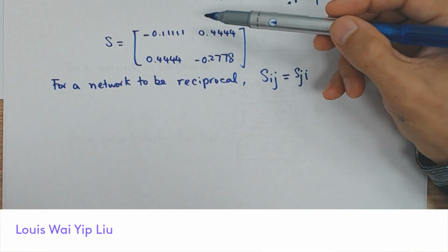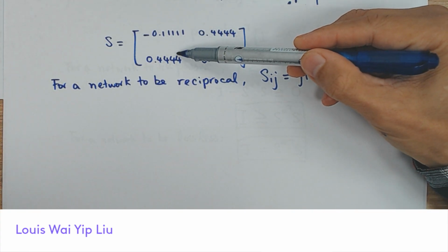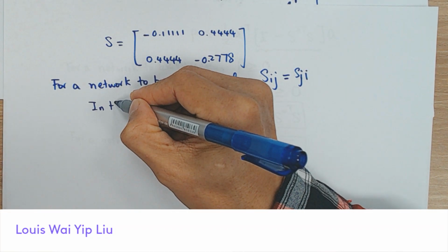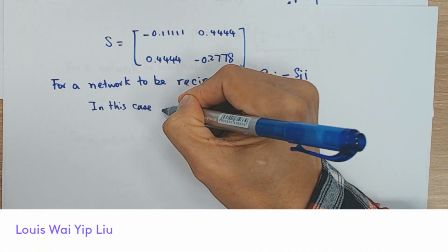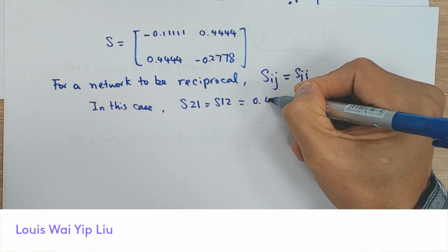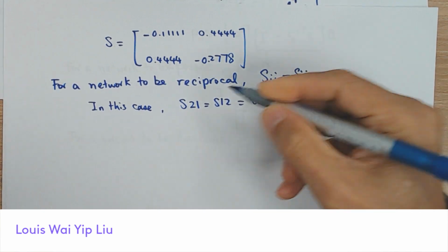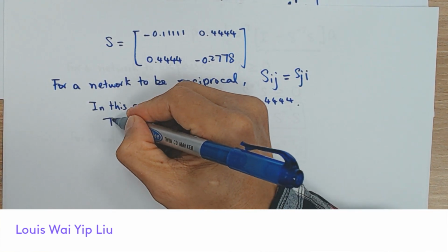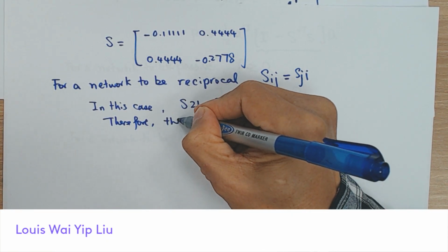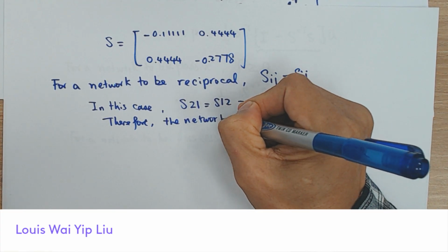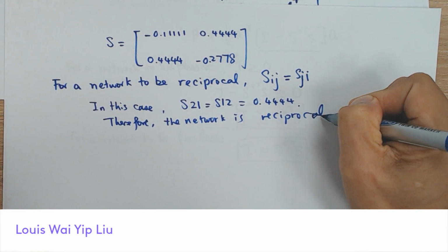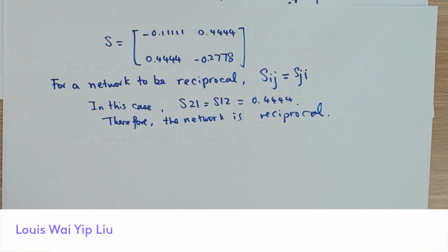So clearly, in this case, S21 and S12 are the same. So we can say the network is reciprocal.